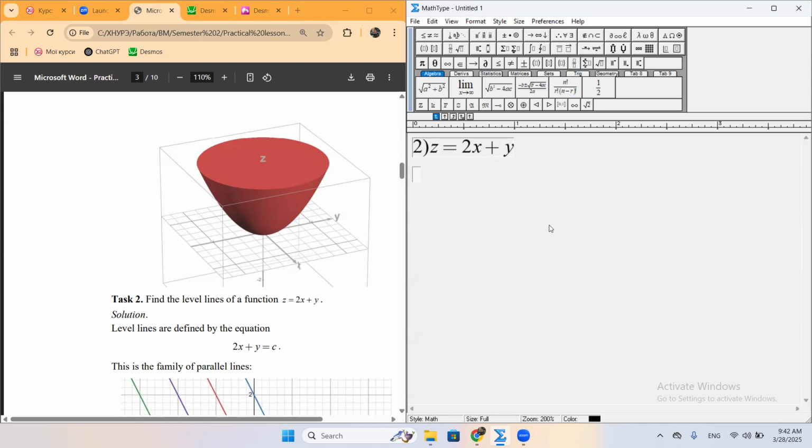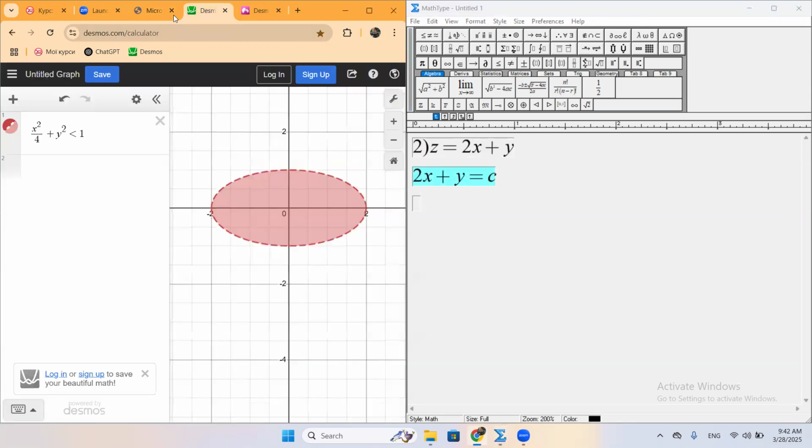So these are lines on which a function has the same value. So they are defined by the following equation: 2x plus y equals c. So c is a parameter.